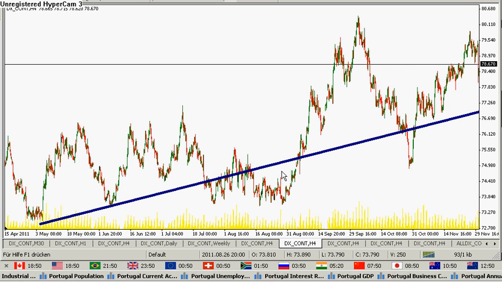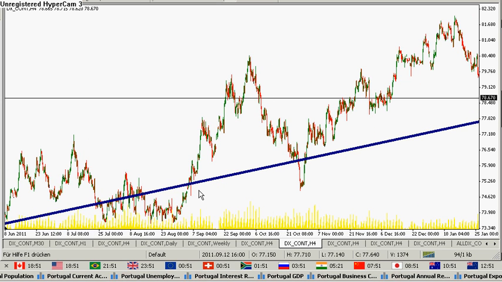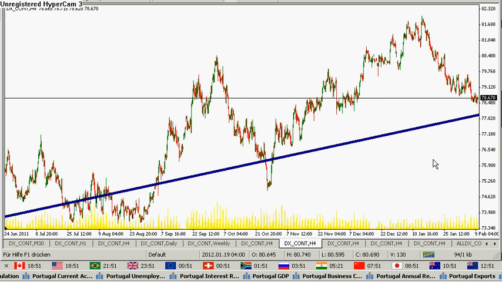Then the lower prices around July, August, and then this massive breakout. And here once again, this line worked until here in the summer last year, and in October after a short sell-off. And now we are trading a little bit above it.